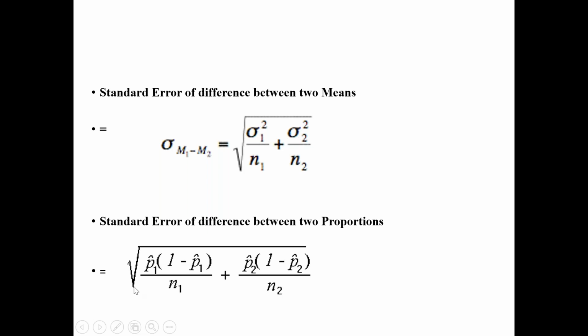PQ by N under root is the formula for the standard error of proportion, and for the first group it is P1 Q1, for the second one P2 Q2. You sum up and then take the root. That will become the standard error of the difference between the two proportions. So these are the formulas which I use for calculation of standard errors. Please remember this.